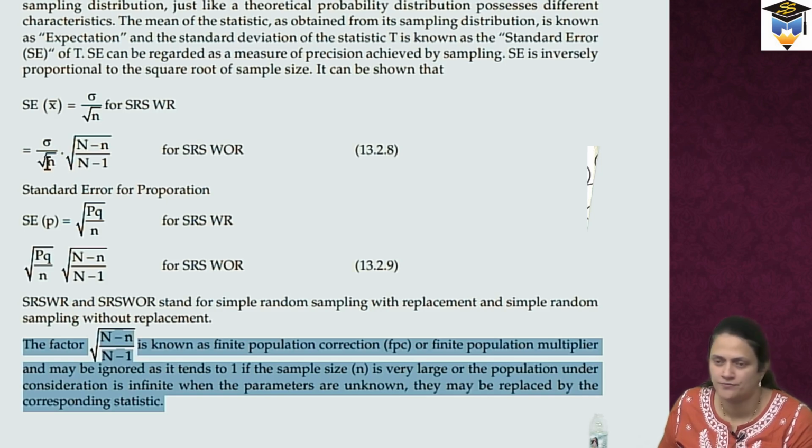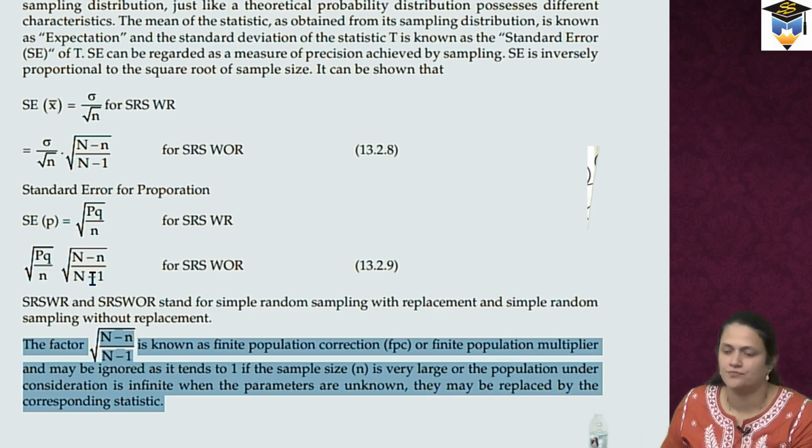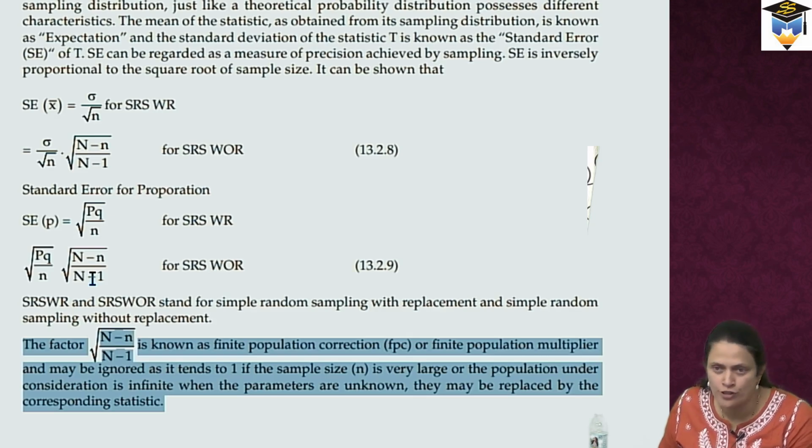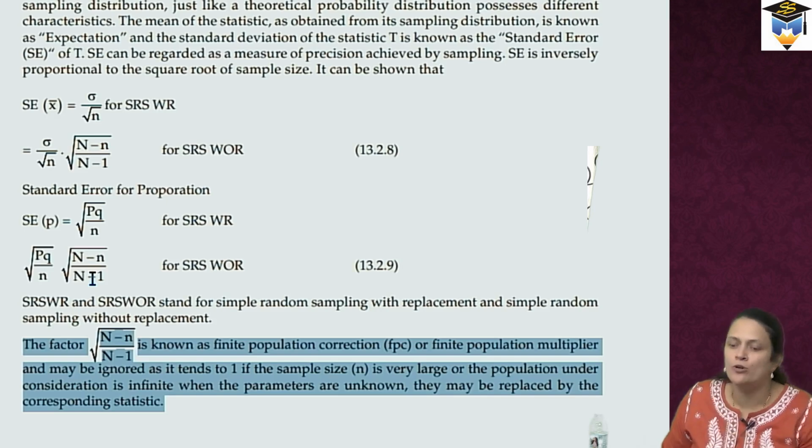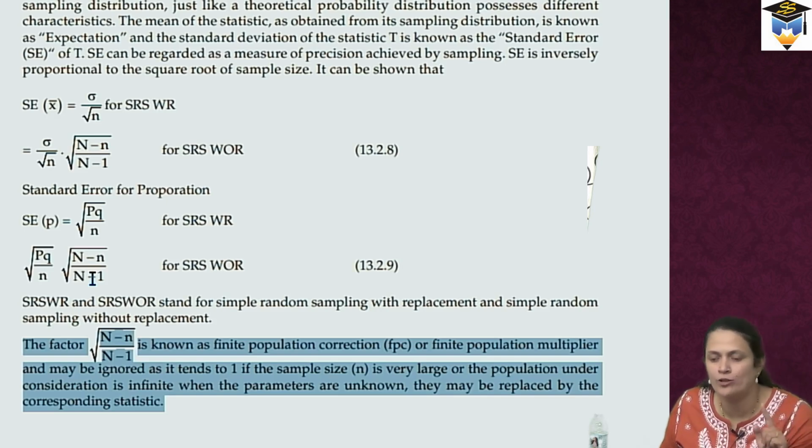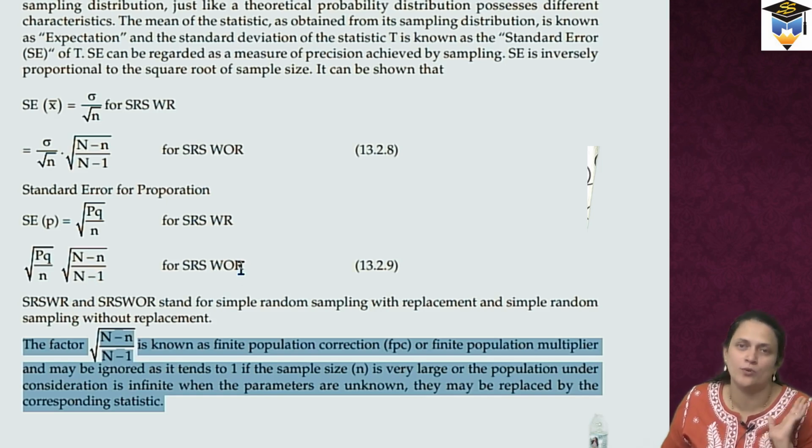This is multiplication. So standard error for proportion for SRS without replacement is given by the formula square root of PQ upon n, multiplied by square root of capital N minus n upon capital N minus 1.